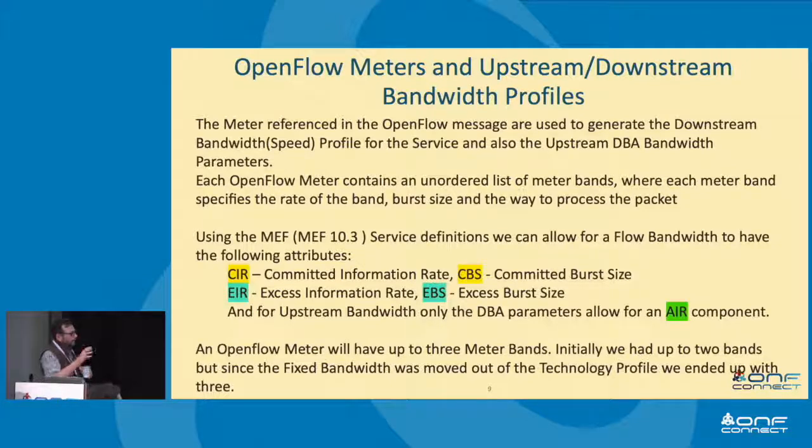So if we want all the possible bandwidth component combinations for a PON, we'll talk about TCON types in a little bit, but if we want to have all those different components, we need to have 3 meter bands, right? There may be some services like if it's just best effort, then you just need 1. But the meter bands allow us to define all the bandwidth components we need for the PON.